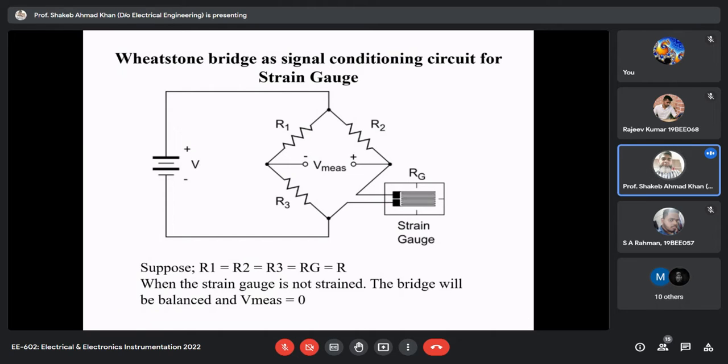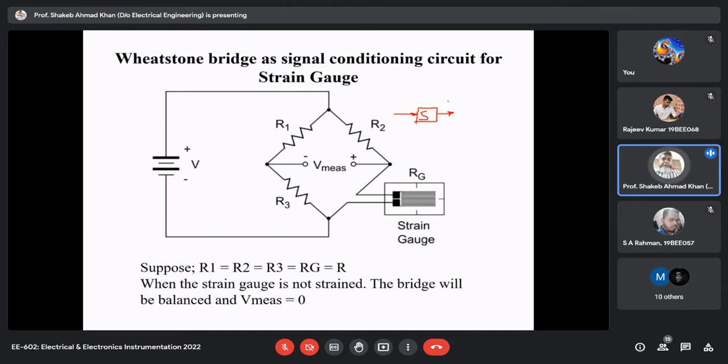It has many parts, but the first part is always the sensor. This sensor part senses the parameter we want to measure, and then gives some other suitable parameter which facilitates accurate measurement.